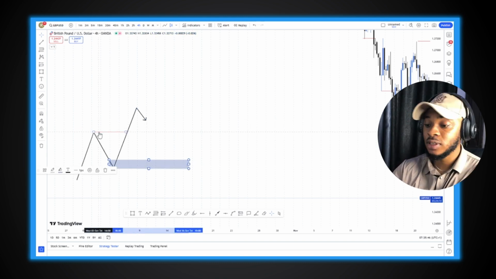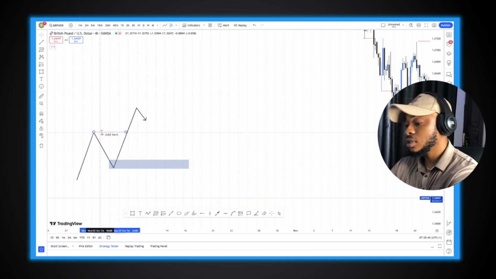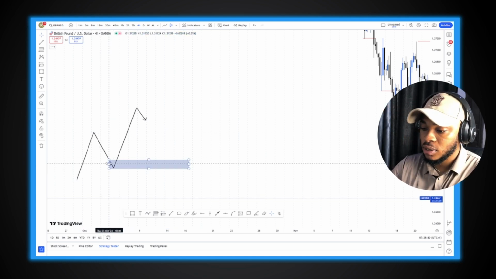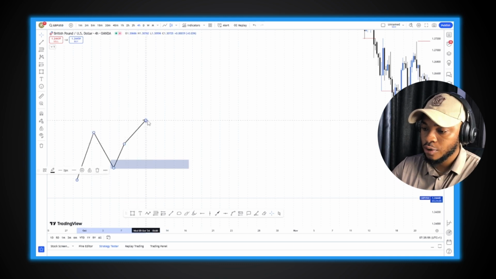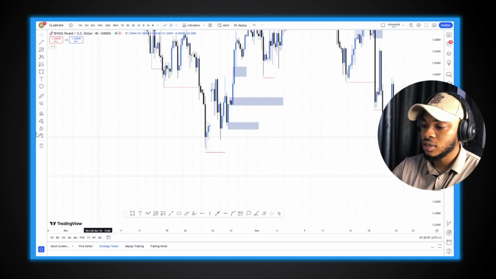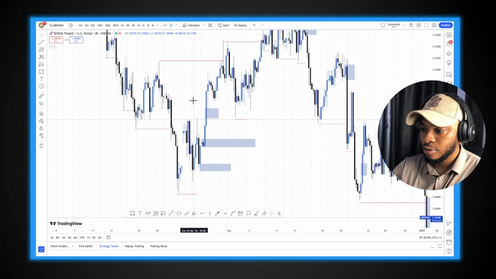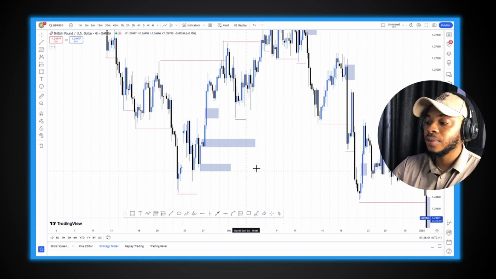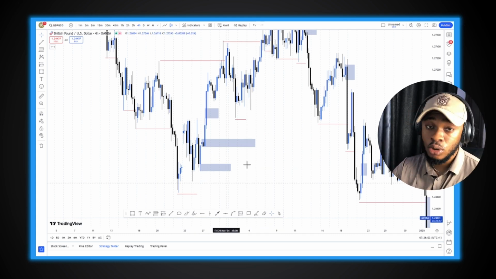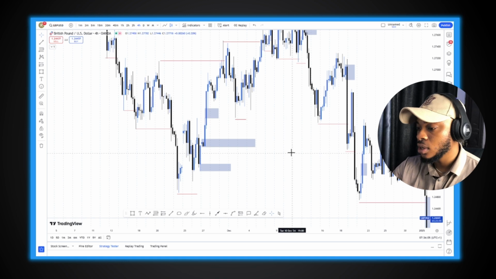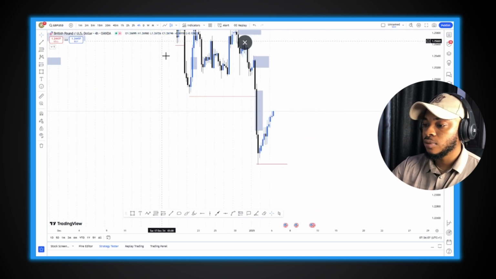If it's here, okay, fine. If it's not there, okay, fine. Because if it's not there, our rejection block is still clear, it's still valid. Just like this one has a break of structure actually, yeah. But there are some of them that don't, and it's still valid. That's my point. So now let's move to the next.